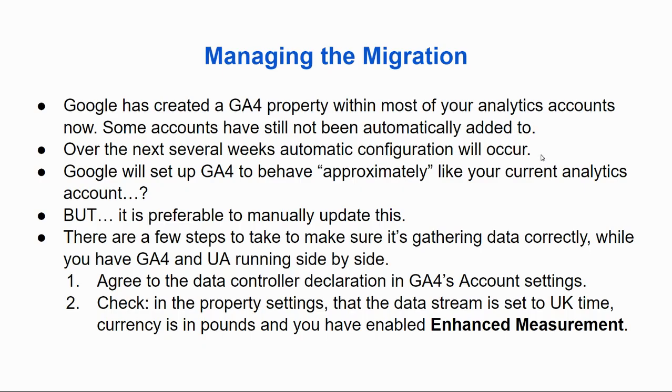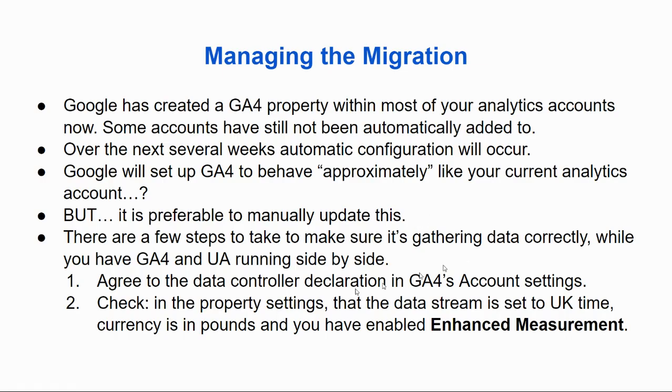It's quite possible Google will automatically configure those accounts to behave approximately like your current analytics. But I've seen some fairly weird results being displayed by people with very, very deep knowledge of this. So it's preferable to do this manually yourselves or with help from a consultant.